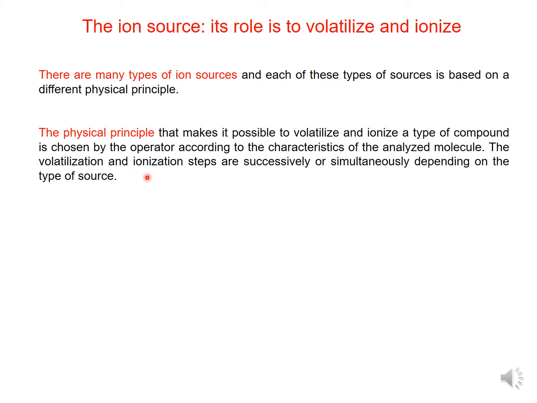The volatilization and ionization steps are successive or simultaneous depending on the type of source. In certain sources, you can perform first the volatilization and then the ionization, and in other sources, you have the two steps together, depending on the physical properties of the source.